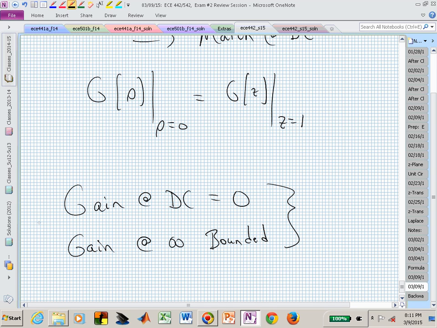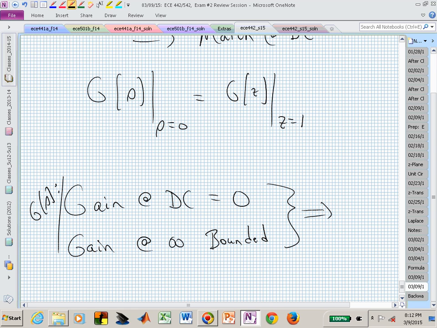If this is associated with G of Z, or I'm sorry, G of S, then it's not going to do you much good to try to evaluate it at S equals 0, is it?